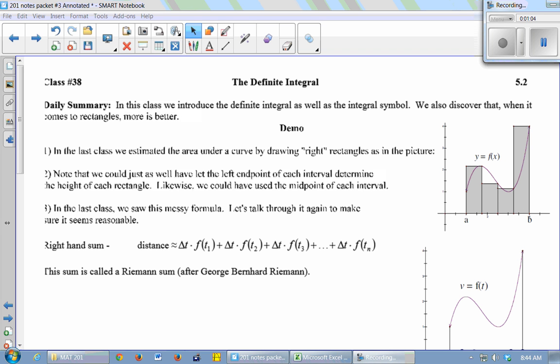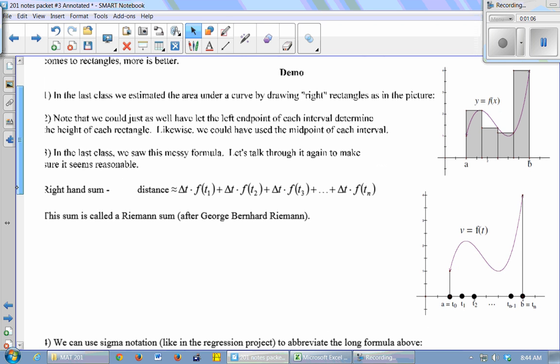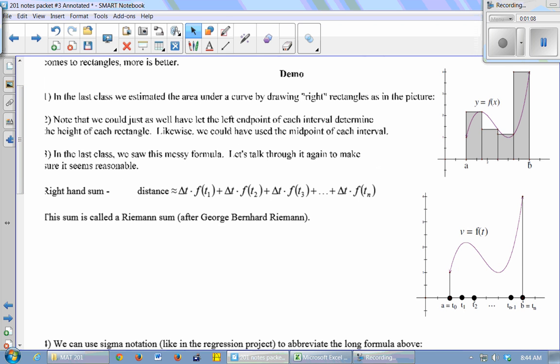So in the last class, we saw this messy formula. We're going to talk through it again to make sure it seems reasonable. The area under the curve, which when that curve is a velocity versus time graph, represents total distance traveled. So when you're using rectangles to estimate the area under the curve, you add them all up.